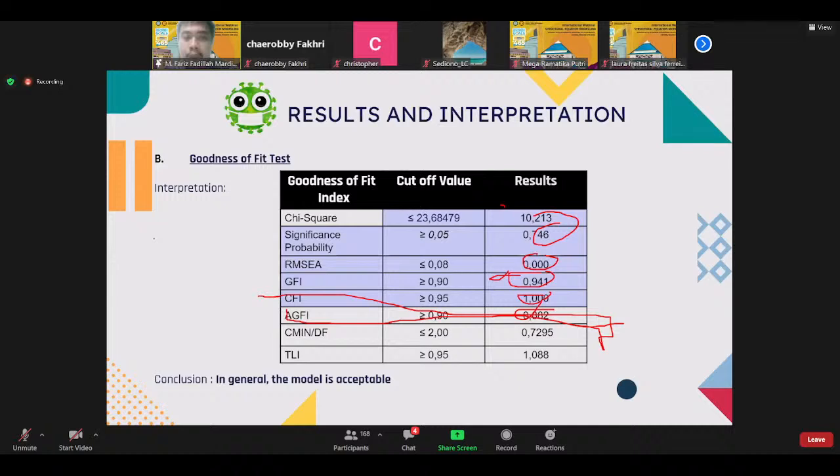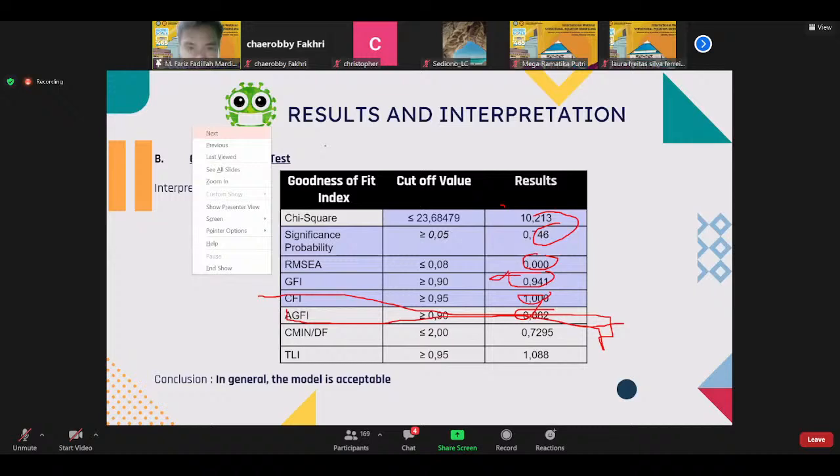Okay, this is the goodness of fit criterion. This is the indicator significance test with the null hypothesis that the indicator doesn't contribute to the construction of the latent variable, and the opposite is that the indicator contributes significantly to the construction of the latent variable. We reject the null hypothesis when the p-value is less than alpha.